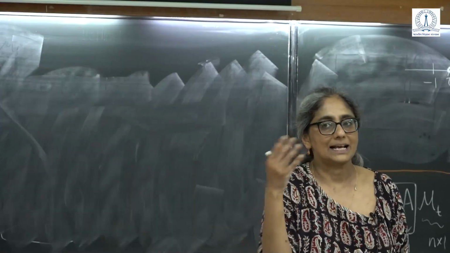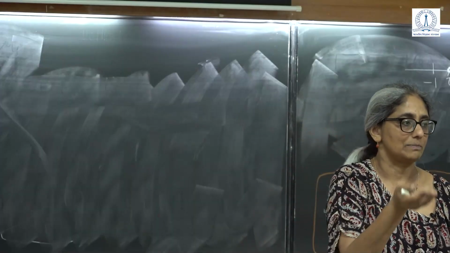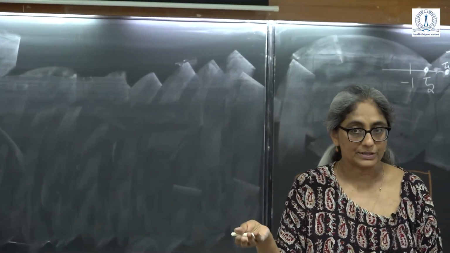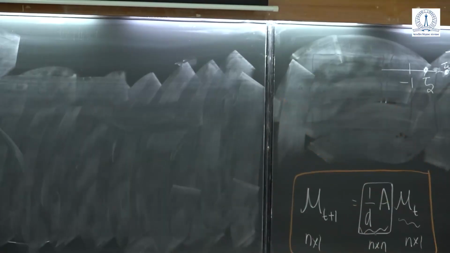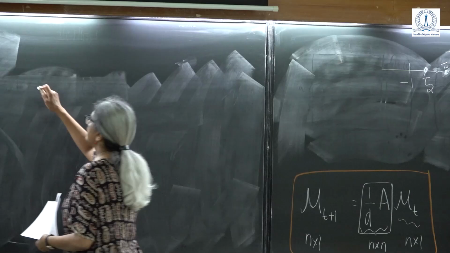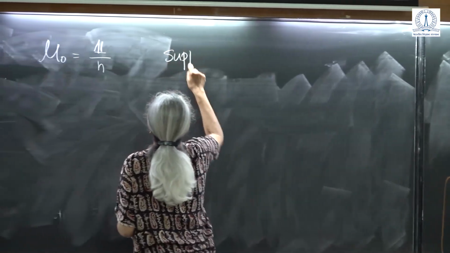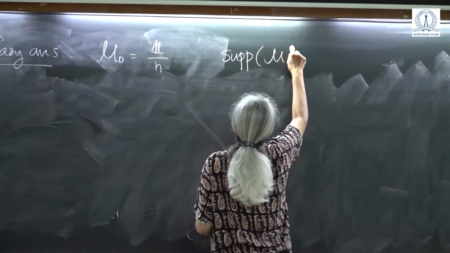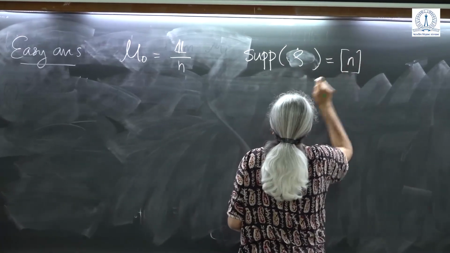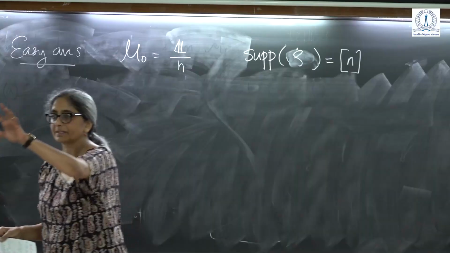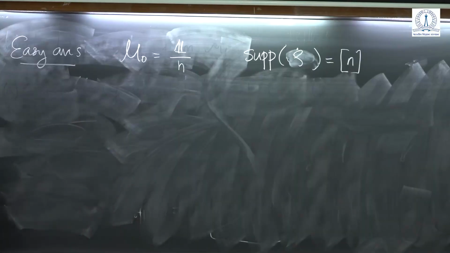So it makes some sense that you might want to have the initial measure have slightly bigger support than just one. The uniform measure is an answer, but it has huge support, so that is not great. The support is all of n. By support, I mean where you see something positive.